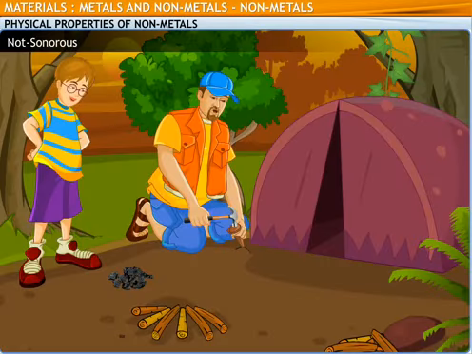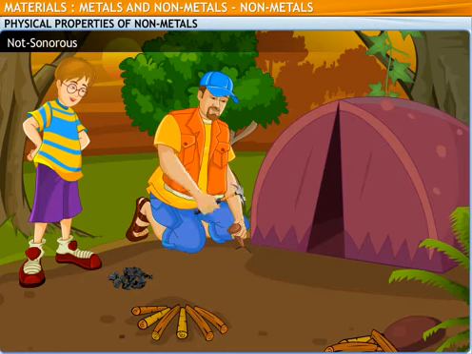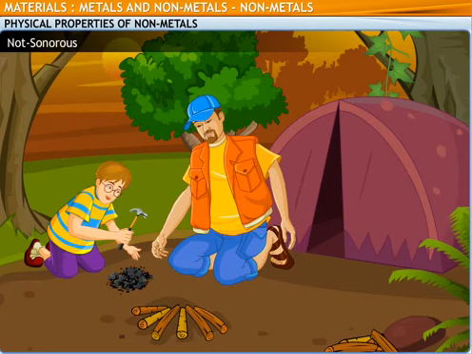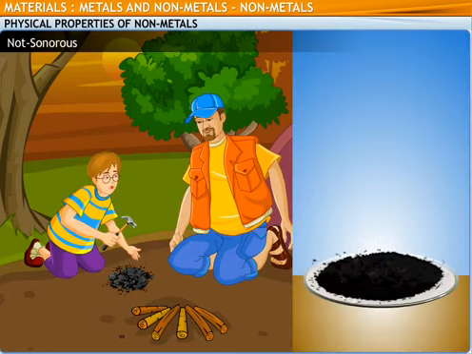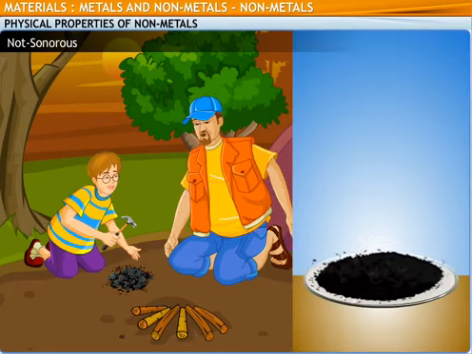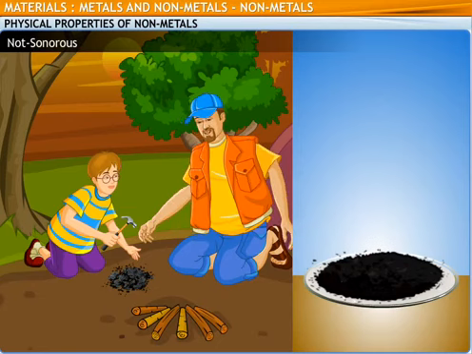You hear that noise when I hit the nail with this hammer. Metals make a typical ringing sound when hit with hard objects. Try to hit this piece of charcoal. It's broken to pieces. Non-metals do not produce any ringing sound when hit hard, but they break into pieces.